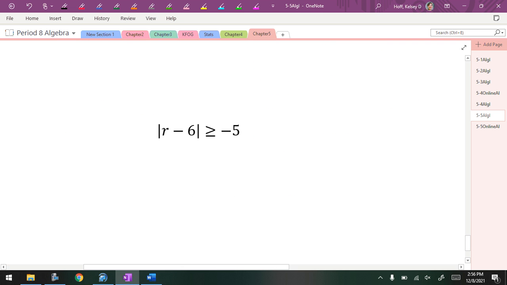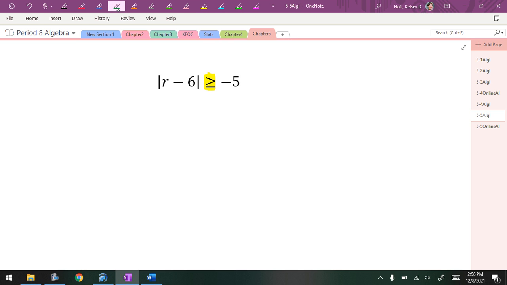Let's go down to the bottom one. The absolute value of r minus 6 is greater than or equal to -5. With a greater than or equal to symbol, it's an or statement. So we write r minus 6 is greater than or equal to -5, or r minus 6 is less than or equal to 5.